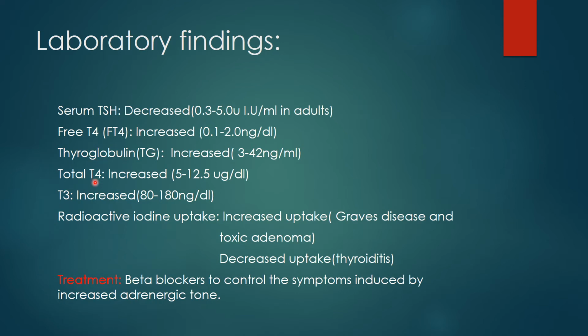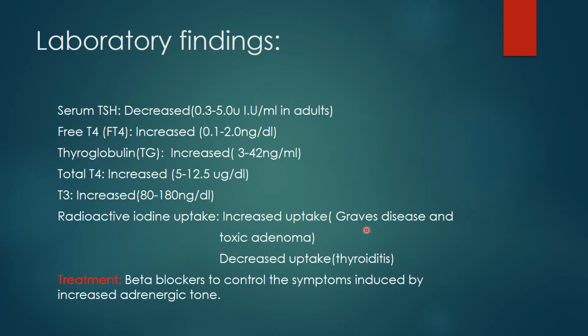However, the free T4, the thyroglobulin, the total T4 and the T3 will be increased, because as the name indicates, hyperthyroidism increases all these hormones. However, this results in negative feedback inhibition of TSH, so the TSH level will be decreased.